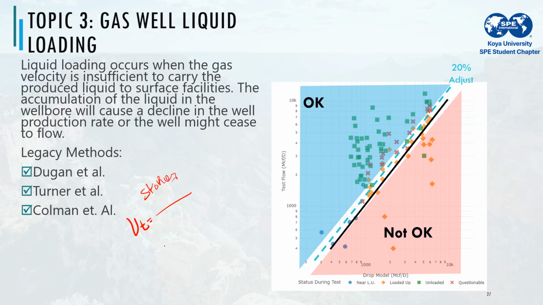The idea of comparing your production data to this VT, the terminal velocity, as greater than or less than, yields two rules. One rule is whenever this condition applies, which is true. Another rule is whenever the condition does not apply, which is false.